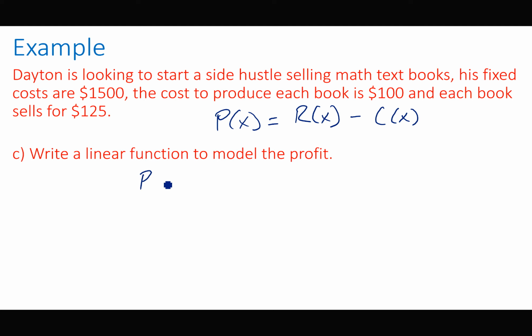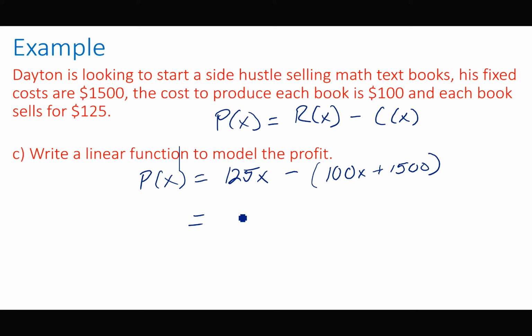So on this one, we already figured out what R of X was. That was 125X. We already figured out C of X, and I'm going to put this in parentheses on purpose, because remember, it was 100X plus 1,500. So that whole expression was a cost.